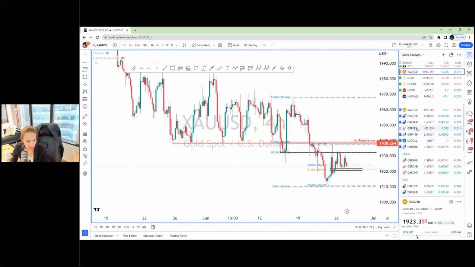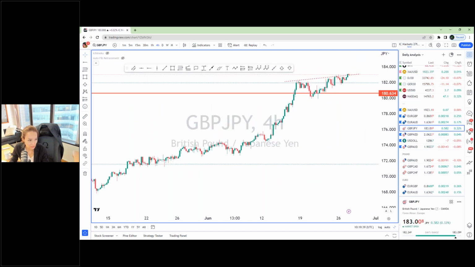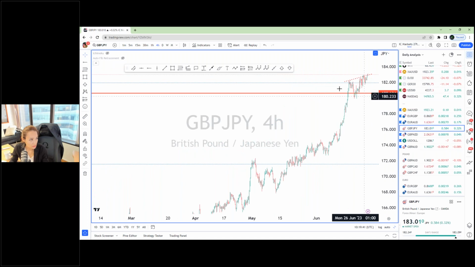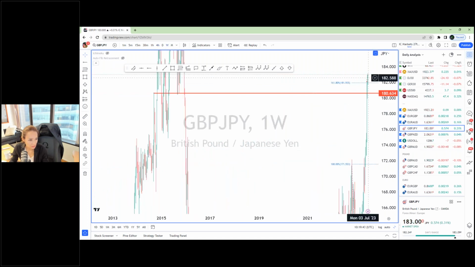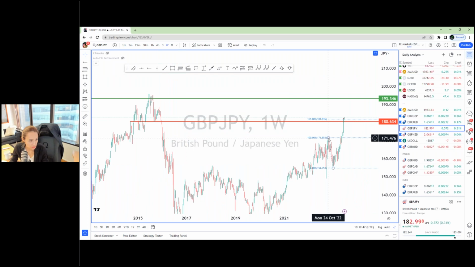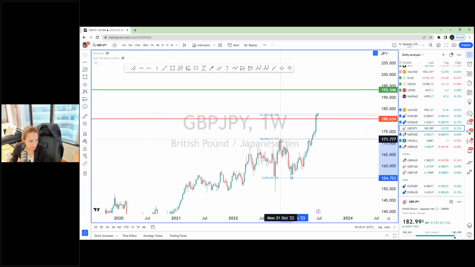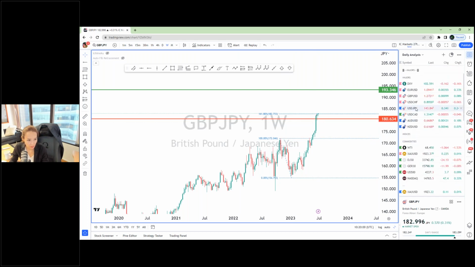Okay, let's look at GJ. I think GJ is really going to the moon now, because if we were to trade here two weeks ago, this is my extension, and price has already broken above, so this is not a good example.